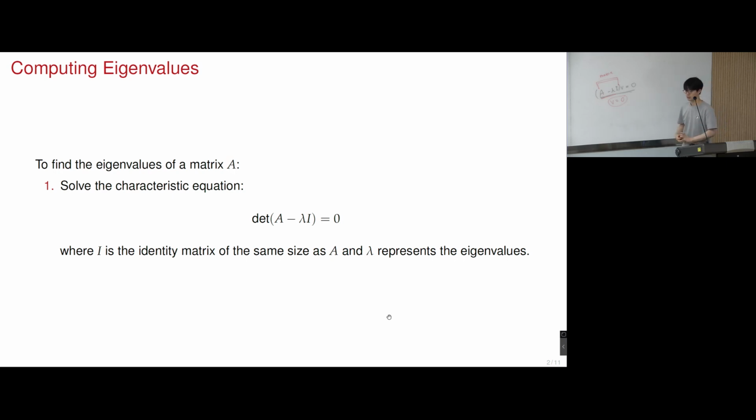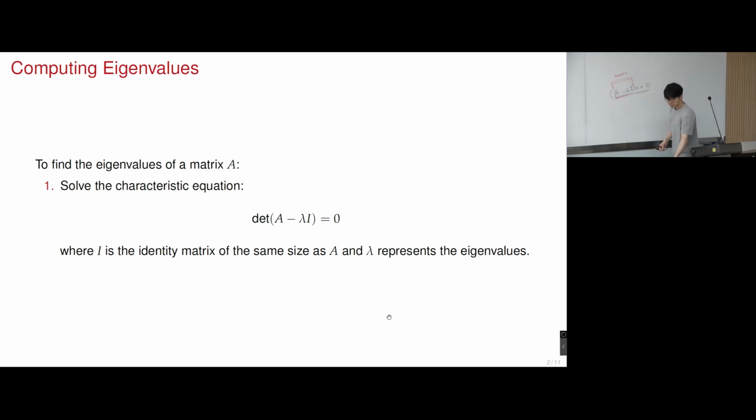So in order for this to have an eigenvalue or eigenvector, it must be the case where this matrix does not have an inverse, which is the same as saying the determinant of this matrix is 0.